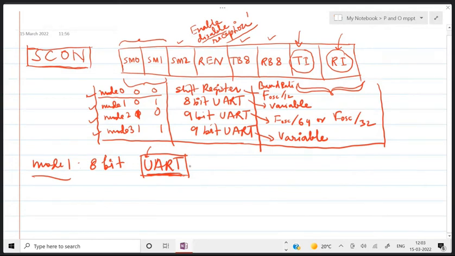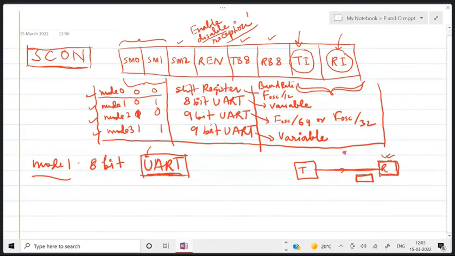And what exactly is it? When there is a transmission and a receiving happening, and data is being transmitted from this end and being received here, there needs to be a protocol which would tell the receiver that a complete data has been received.